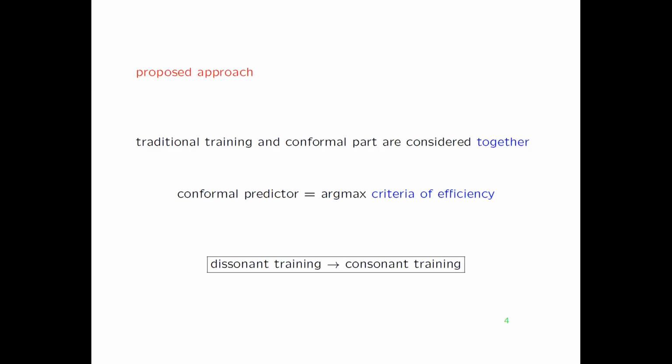In some sense, we are going from dissonant training, that is the usual approach. I'm sorry, because I know that everyone here is working on this, but this is technically dissonant training, and what we propose is consonant training, where the predictive system is trained for the task that it is supposed to do on the test set.